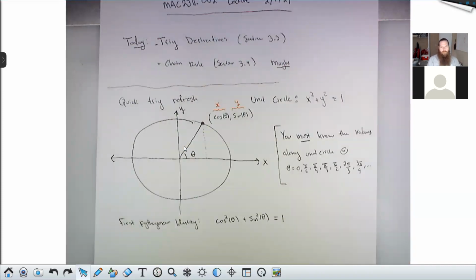You got to know all those values. Got to. If you learn them for trig and forgot them since, then it's time to relearn them. Absolutely no room to not know these things.